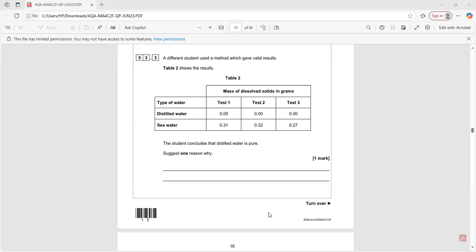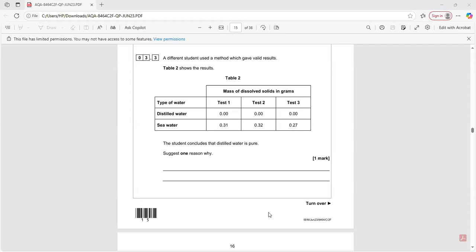Why is distilled water pure? Is that the question they're asking, or are they asking us why the student came to that conclusion?